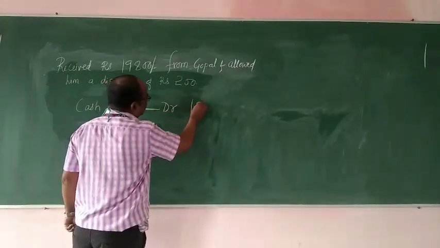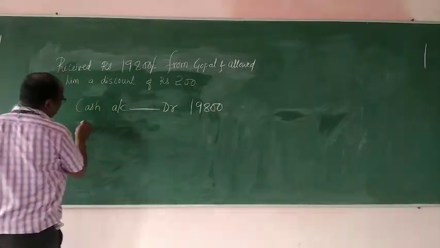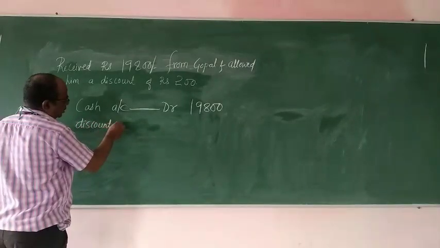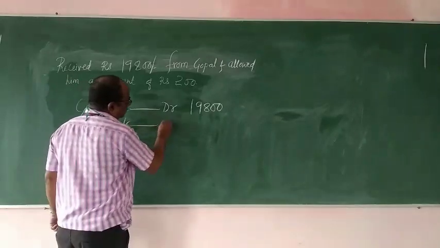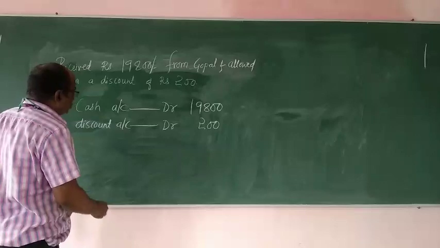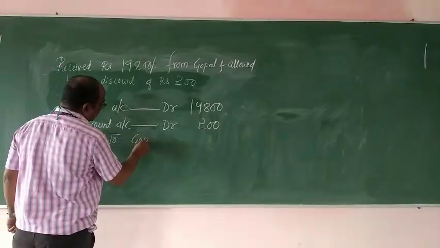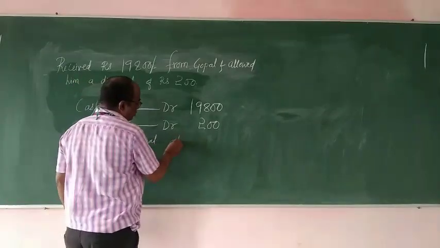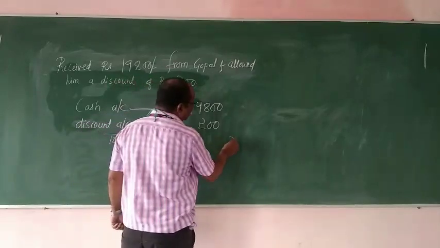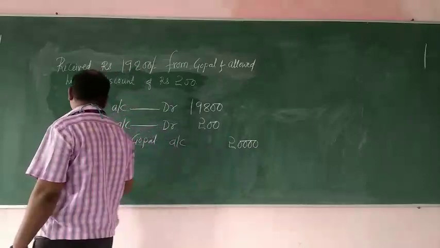how much you are receiving? 19,800. And 200 discount is what? Allowed. So it is an expense for you. Discount account, debit 200. So who was supposed to give you? Gopal account. Gopal is the giver. So how much? 20,000. You are supposed to give us how much? 20,000.